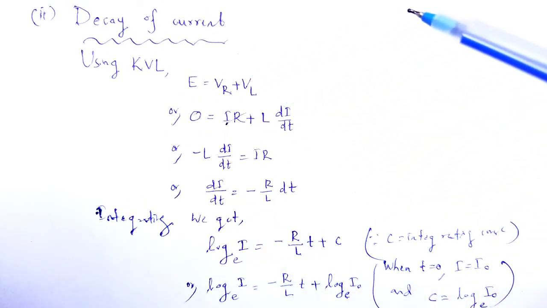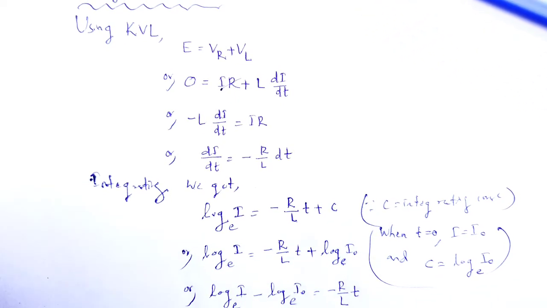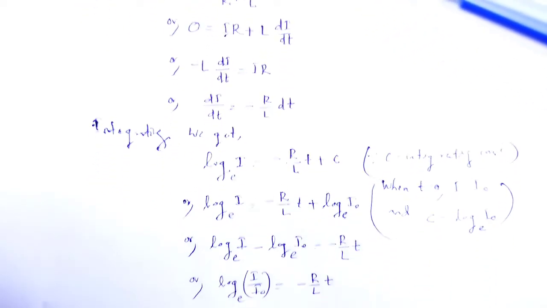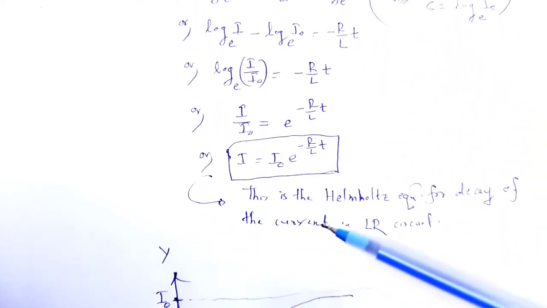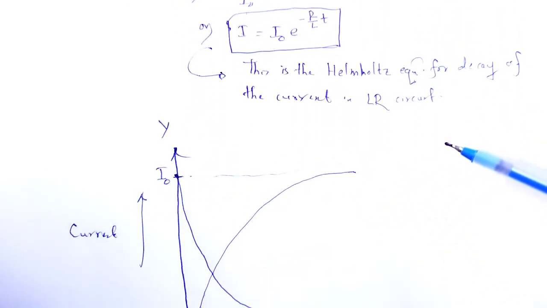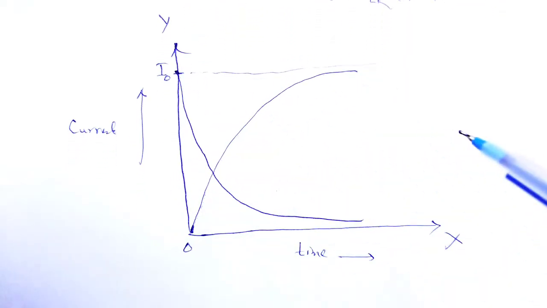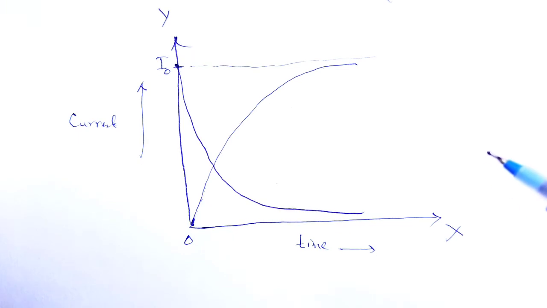For that condition, when key is switched off, this is the expression for current. This is the Helmholtz equation, decay of current in LR circuit. Graphical view of growth and decay of current in LR circuit.